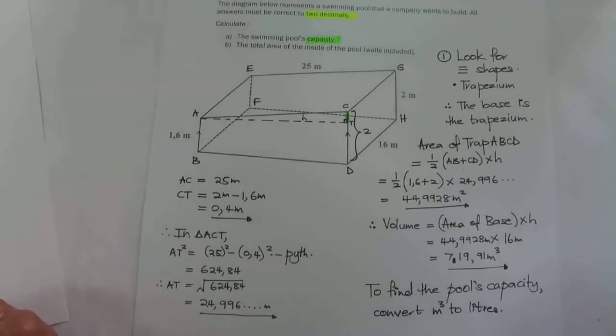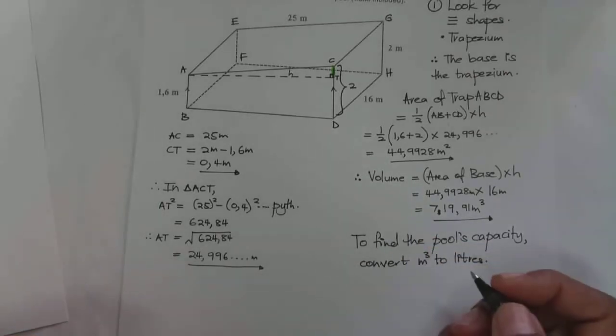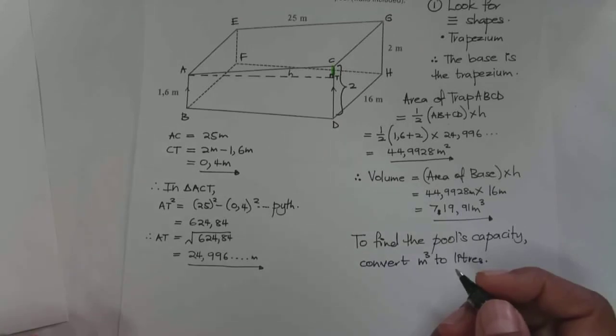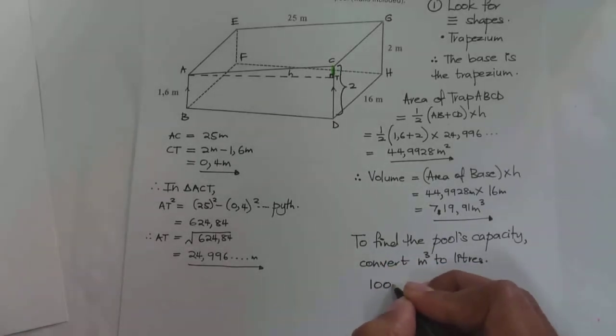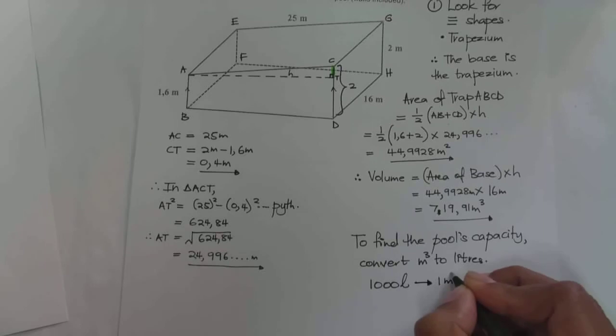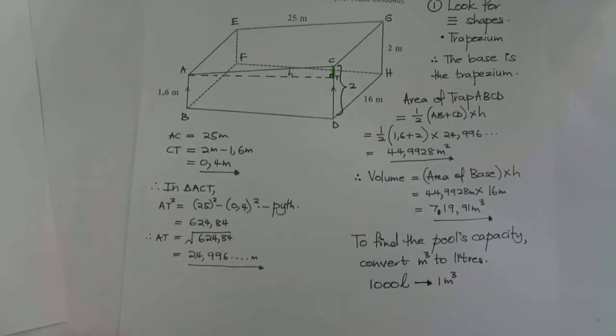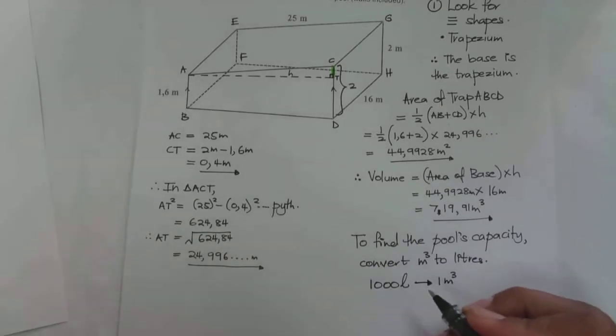Okay. Therefore, how many liters are in 1 meter cubed? There are 1,000 liters in a meter cubed. So to convert that, what would we do?